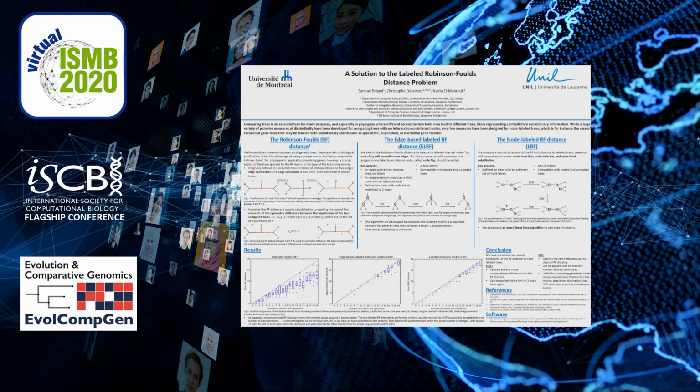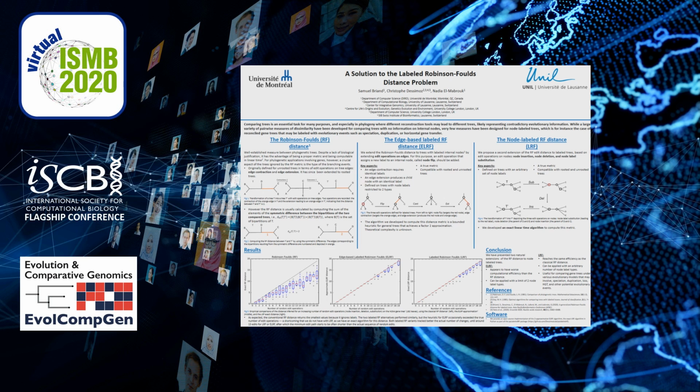Both labeled RF variants were better at estimating the actual number of changes until around 13 edits for LRF or ELRF, after which the minimum edit path starts to be often shorter than the actual sequence of random edits.